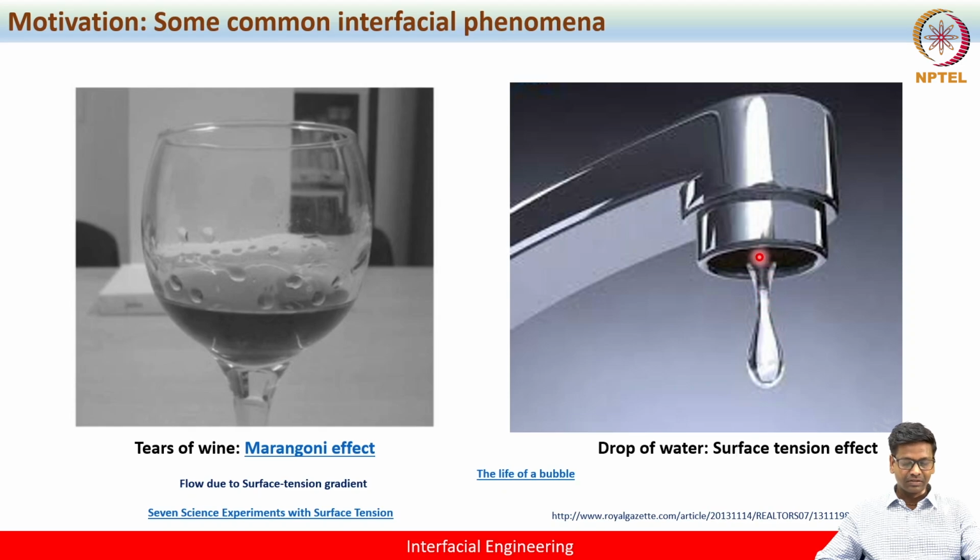So this is the surface tension effect. And the tears of wine, you would often wonder why it collects tears, is because of the Marangoni effect. I have provided some links here so that you can understand several science experiments that involve surface tension and other interfacial phenomena.